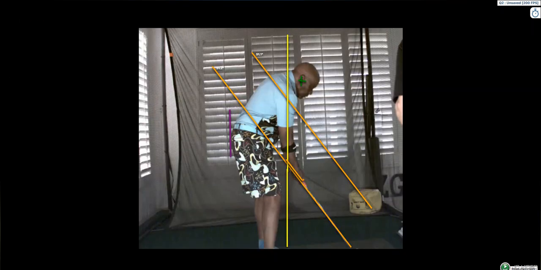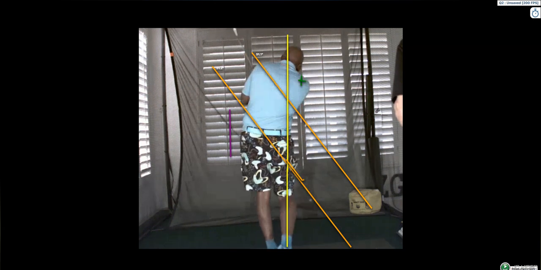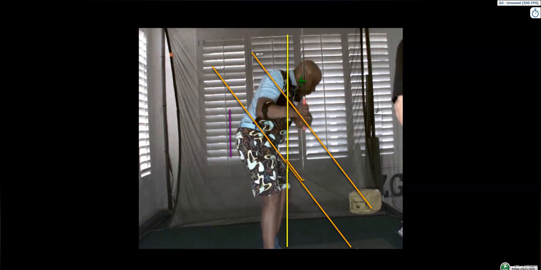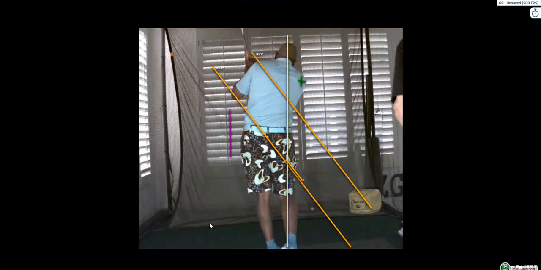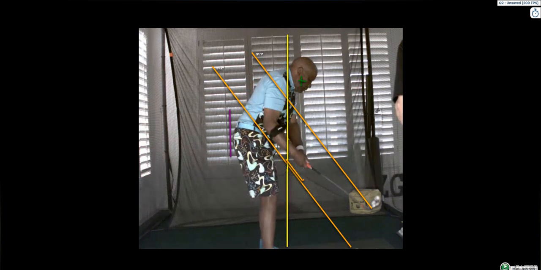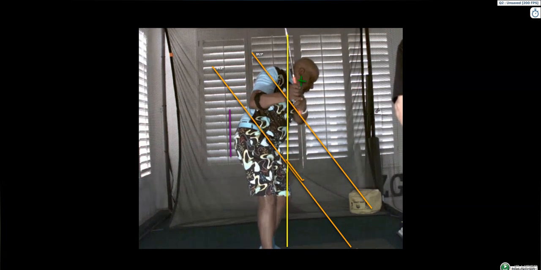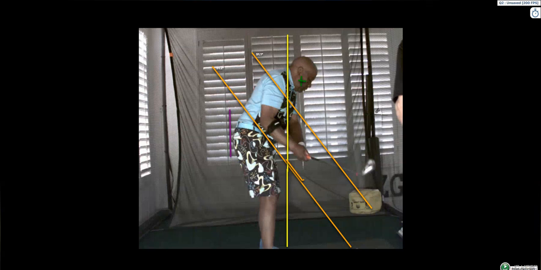So, you know, there's a lot of opportunity in this swing. To be honest, good opportunity, and I'll point out some really good things in this swing. It's not like the whole thing is bad.